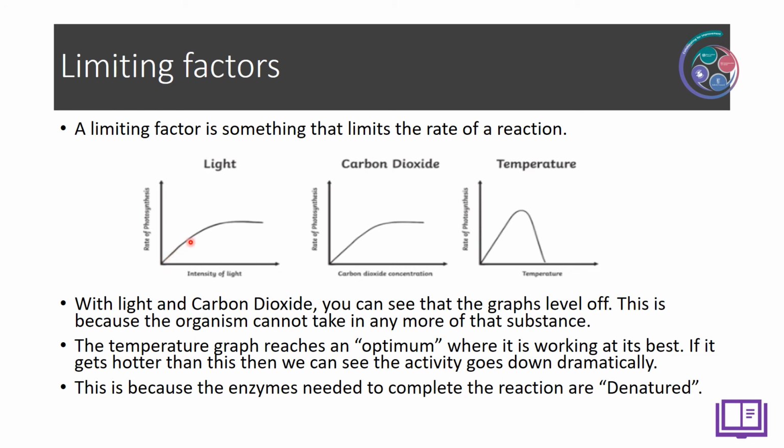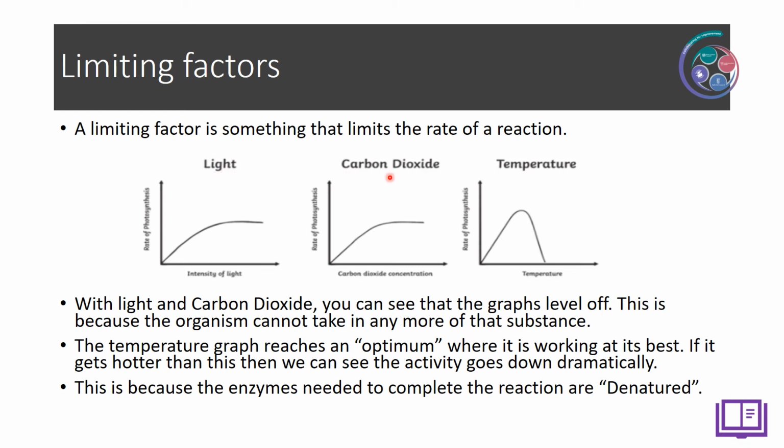As the light increases, this is like a high point where it's got the most light, but we can see it levels off. That basically means that it is not getting any more light. It has got as much light as it needs, and something else is stopping the rate of photosynthesis. So our limiting factor here could either be carbon dioxide or temperature, but at this low light down here, it's going to be light, obviously.